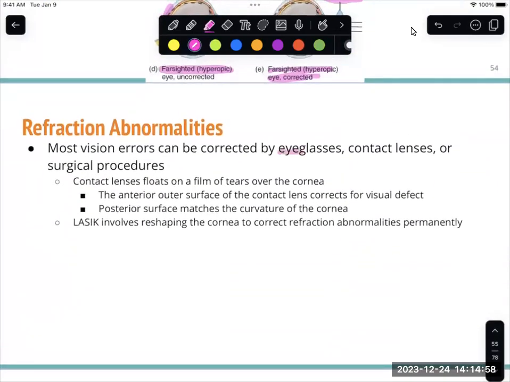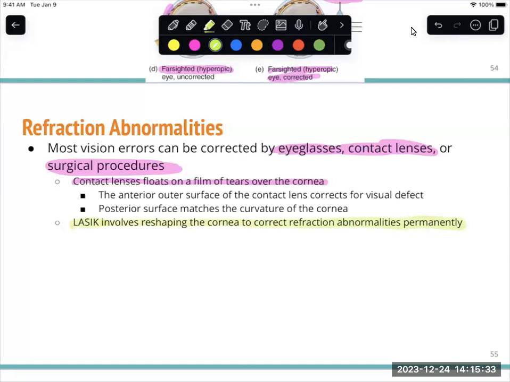So most things can be corrected by glasses, contact lenses, or surgical procedures. Contact lenses actually float on a film of tears. They don't sit directly on that cornea. They actually float on this film of tears that's covering that eye. LASIK, they are reshaping the cornea to correct refraction problems.